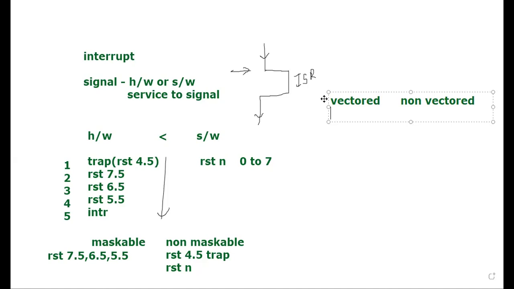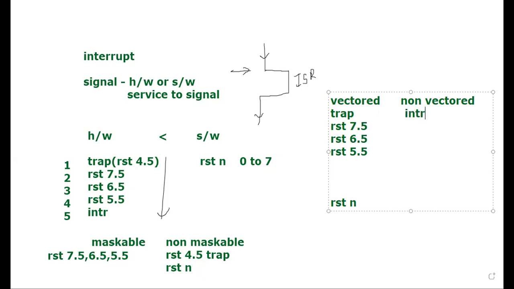So vectored interrupts are RST 7.5, 6.5, RST 5.5, and trap. As well as all software interrupts, that is RST N, RST 0 to RST 7, are vectored interrupts. Non-vectored is the interrupt request, that is INTR.